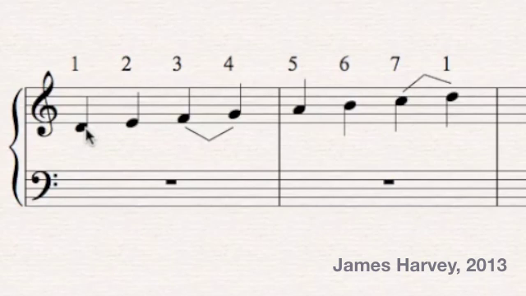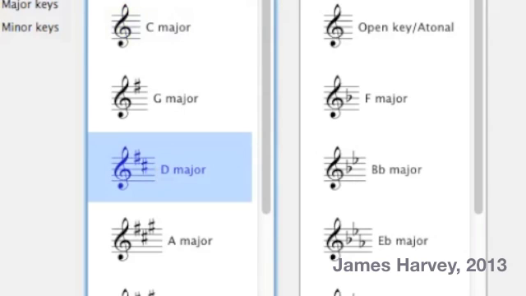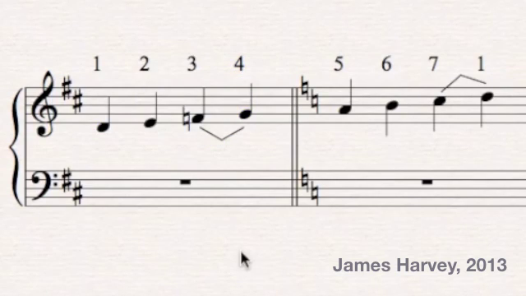So in order to maintain the structure of whole steps and half steps, we need to change the key signature here to D major. The key signature for D major, it thinks that I want that to be a flat. Let me do that again and clean that up a little bit.